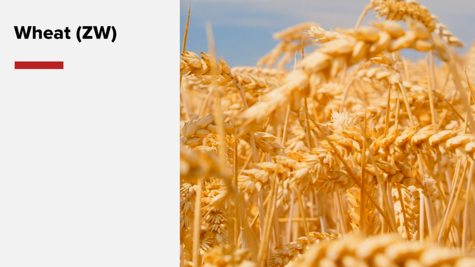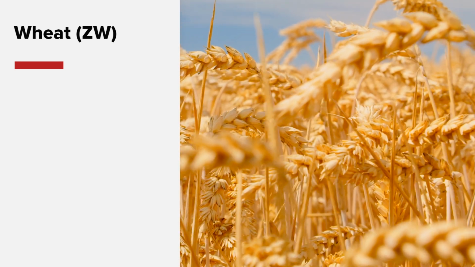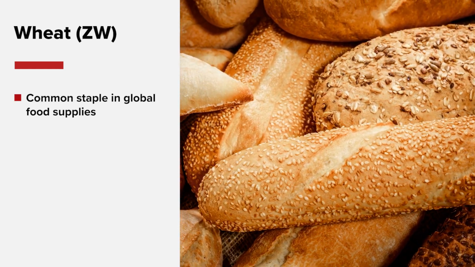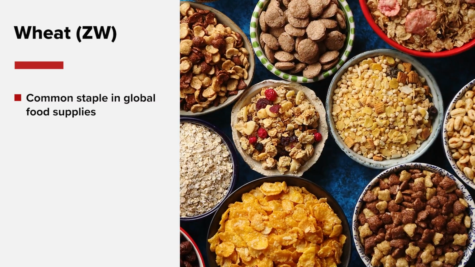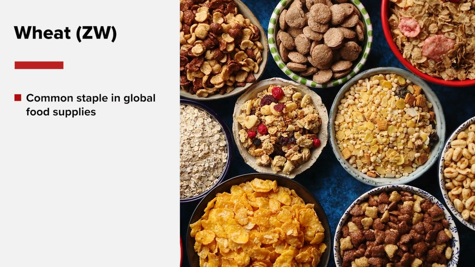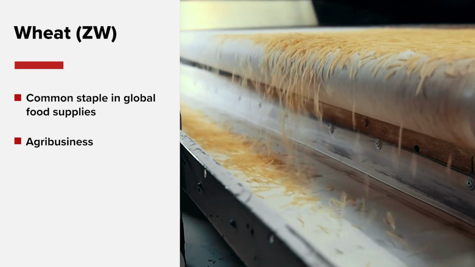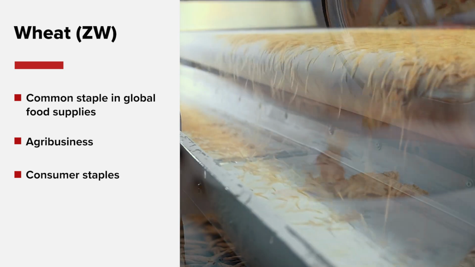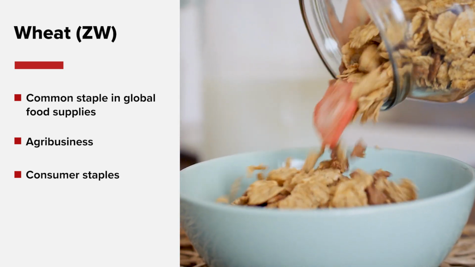Now let's take a look at wheat, another key traded soft commodity, where liquidity stems from the demand of several large countries' economies, commonly using the staple in their food supplies, including for bread, pasta, cereals, and other wheat-based products. In terms of industry, major US-based global agribusiness companies like Archer Daniels Midland, or ADM, and Bunge can be financially affected by wheat prices, as well as consumer staples companies like General Mills and Kellogg's that manufacture wheat-based products, among many other firms.